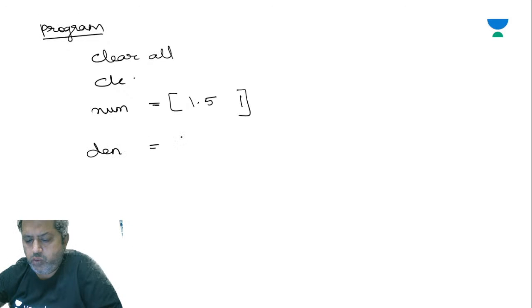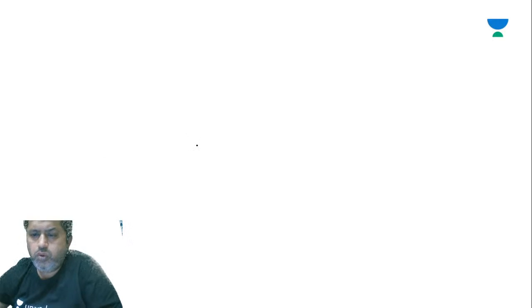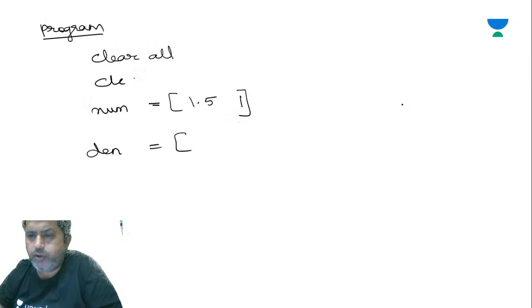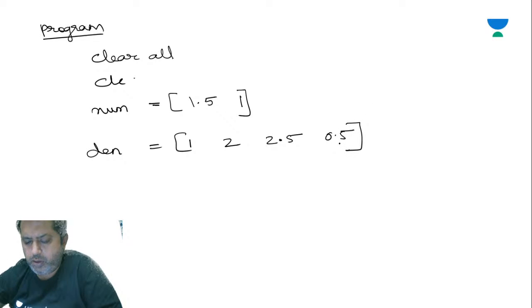Denominator is equal to, see the example, this one coefficient, two coefficient, 2.5, 0.5. So 1, 2, 2.5, 0.5. I'll write 1 space 2 space 2.5 space 0.5 like this.